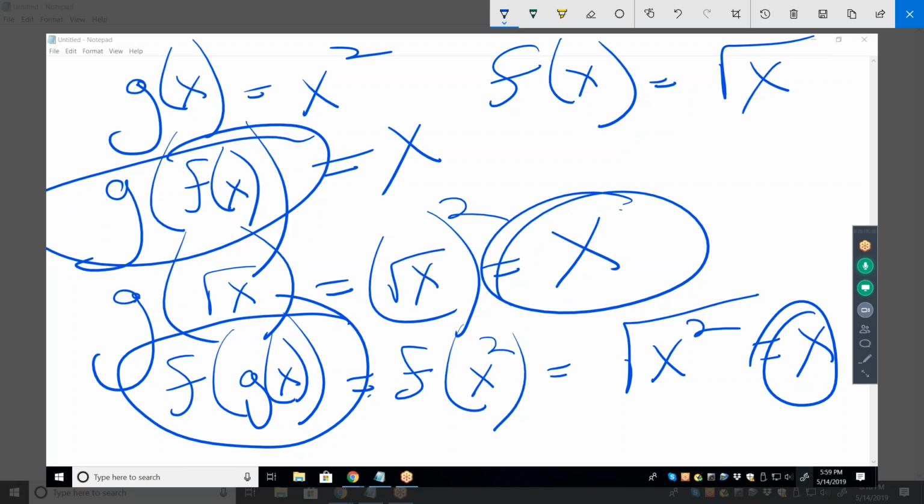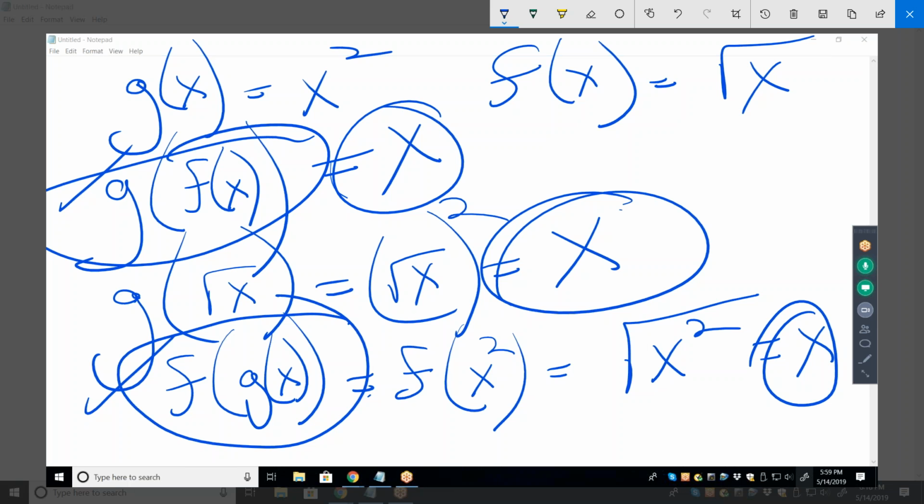In other words, if your life depended on it and somebody wanted you to prove that one function was an inverse of the other, I would do both. That has to be x, and that has to be x. If one of them is not x, I'm not sure how confident I am, but I've never seen a problem where one came out to be x and the other didn't.